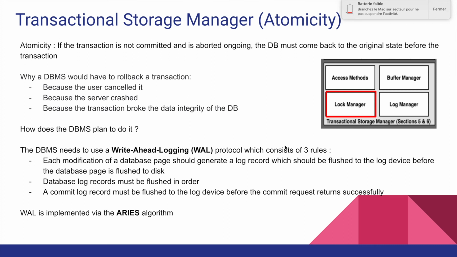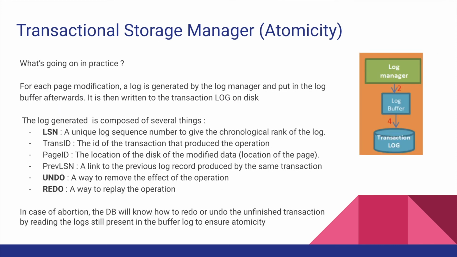So this is the ARIES algorithm which takes care of that, and it actually implements an enhanced version of the whole protocol, and it's more or less used by all the RDBMS today.